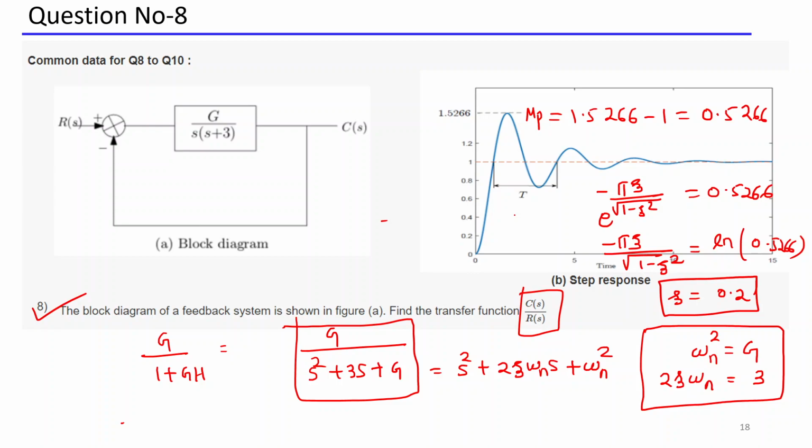Zeta you got, sir, 0.2. Omega n we have to find. Then omega n square will be g. How will you find that? 3 by 2 zeta is omega n, then we will take the square, that will be g. You just solve these two equations and find out.